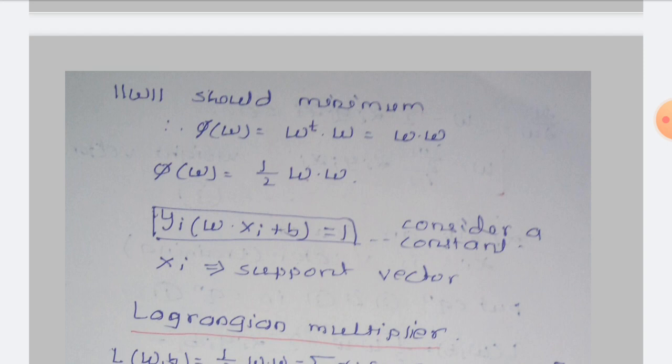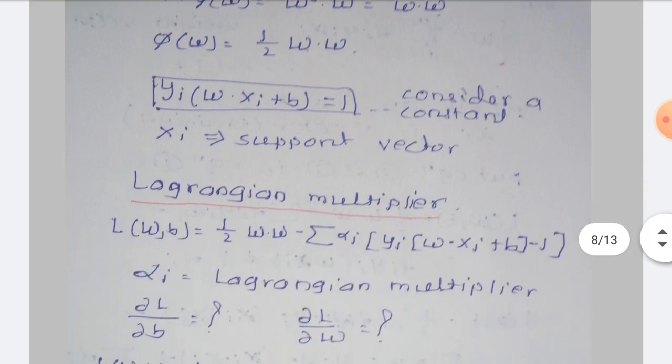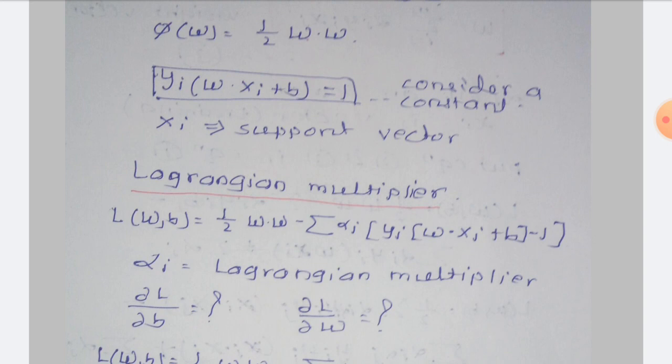Now using a Lagrangian multiplier, we define the Lagrangian in the form of L(W, b), because we have taken W and b: we want to reduce the value of W and increase the value of b. So it is equal to half W dot W minus the summation of alpha i times (yi times (W dot xi + b) minus 1), where alpha i is the Lagrangian multiplier.